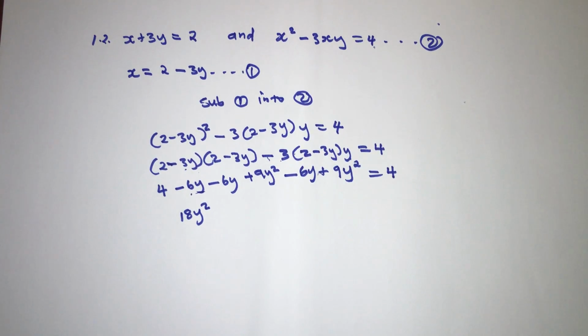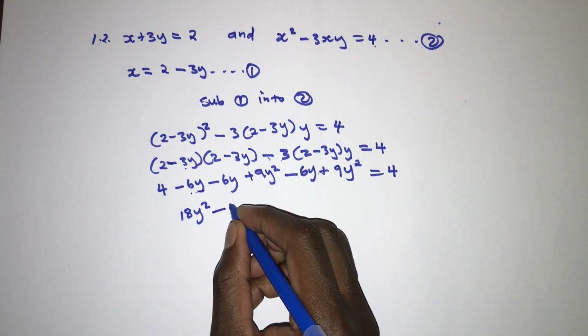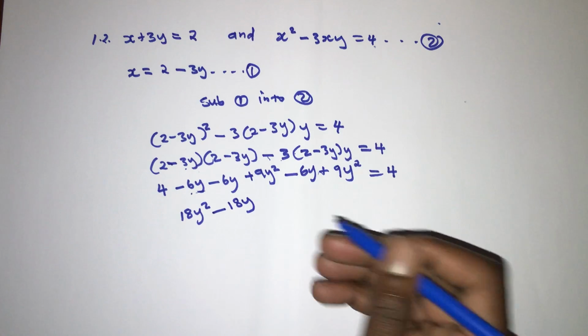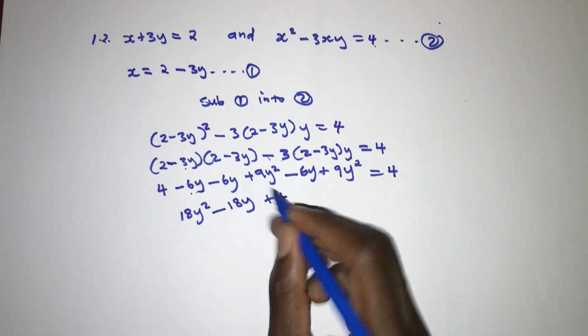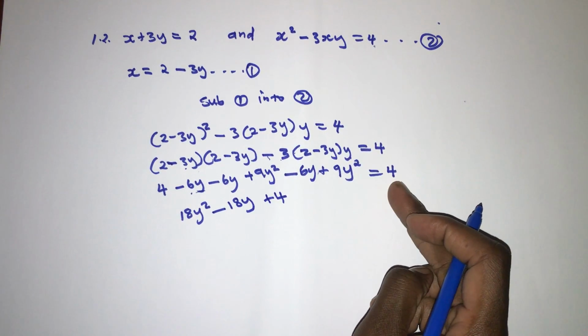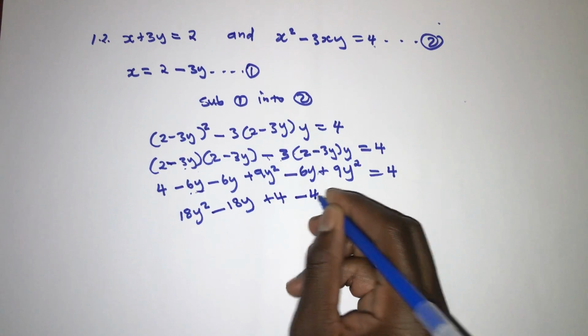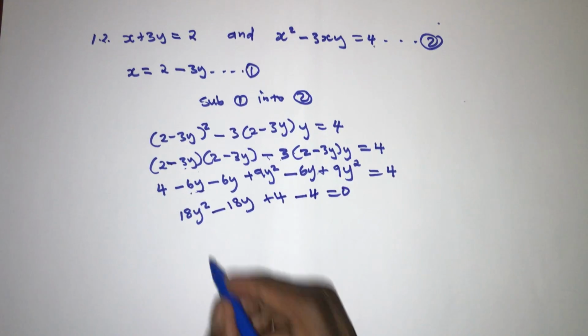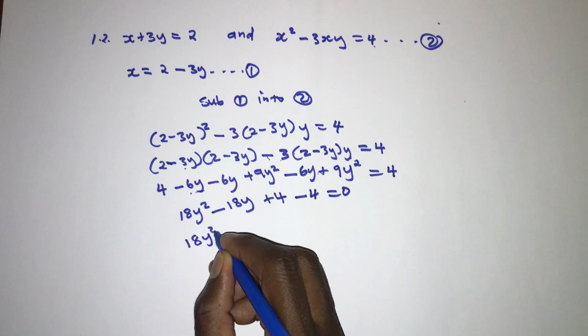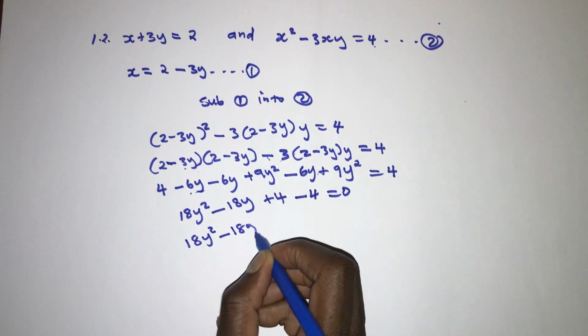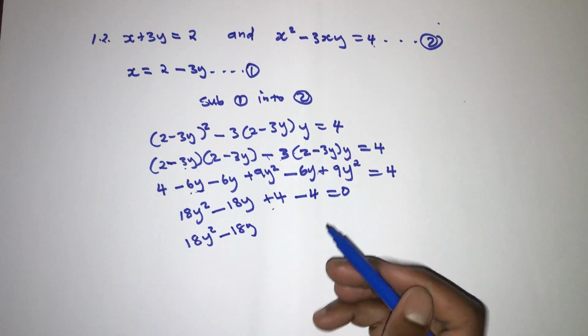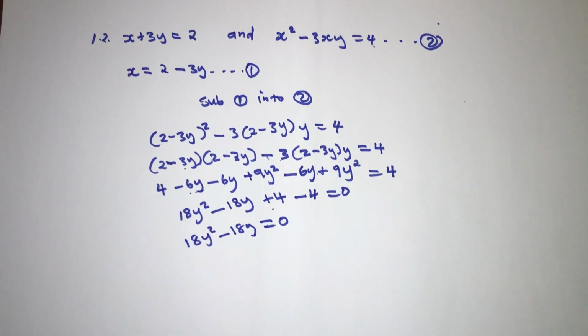When we add them together, they're going to give us negative 18y, and then plus 4. Then we take this 4 to the other side, it's going to be minus 4, then it's equals to 0. So here we have 18y squared minus 18y, 4 minus 4 is 0, so we're going to have equals to 0.